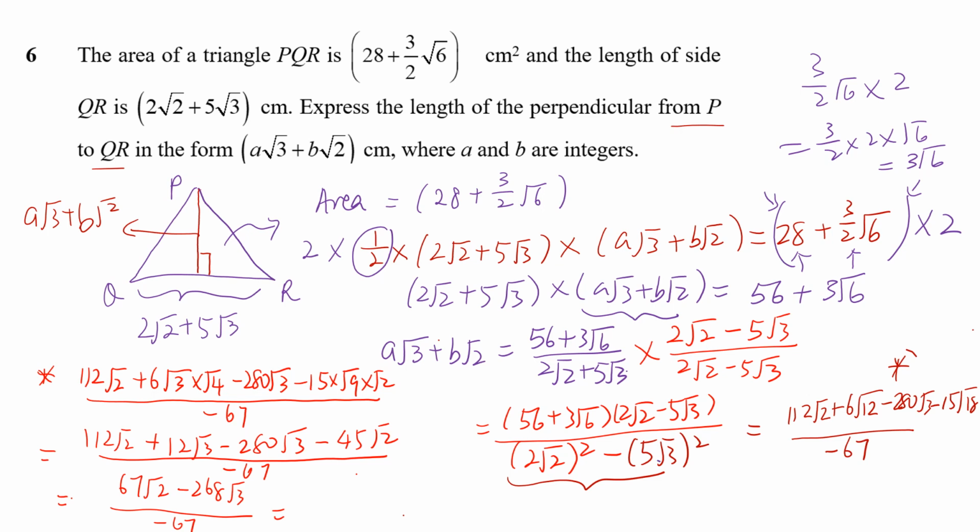Right, let's separate them into two fractions. Right, so you'll get negative square root 2 plus 268 divided by 67, get 4. Alright, so in this case here, if you do a comparison, your A is equal to 4, which is an integer, and your B is equal to negative 5, also an integer.